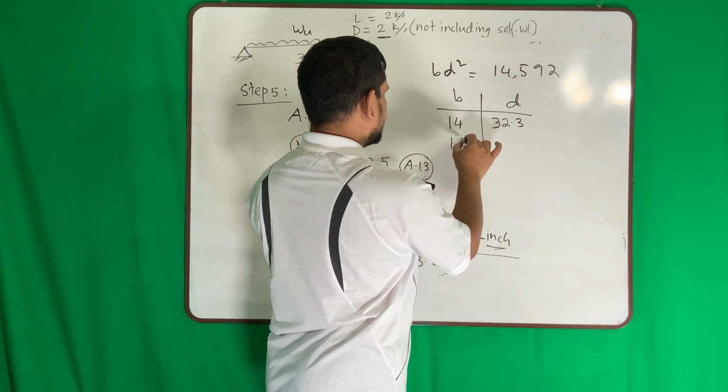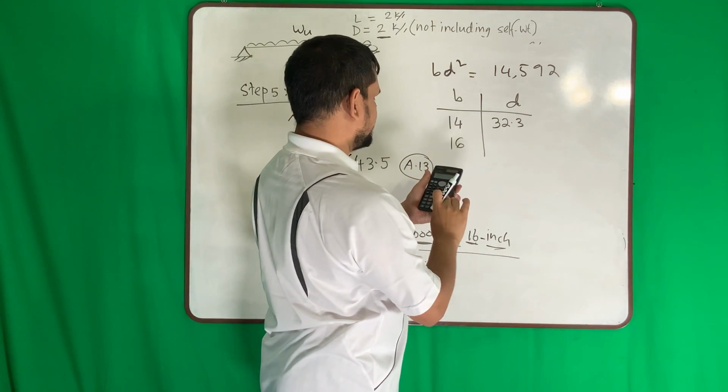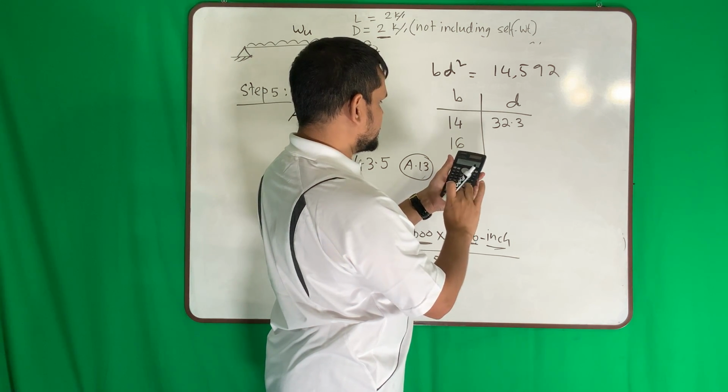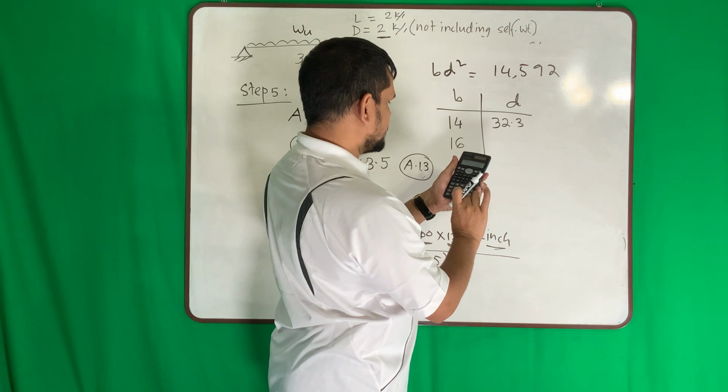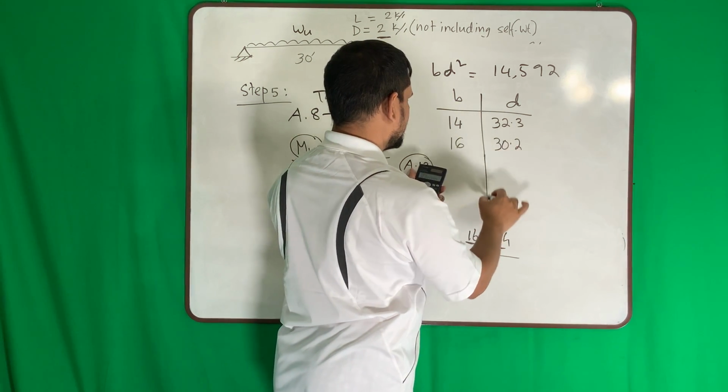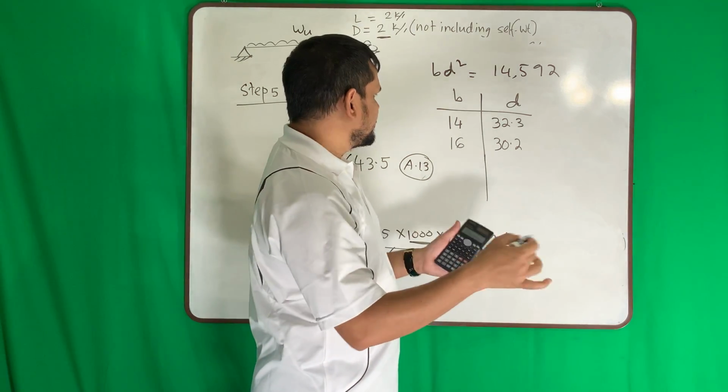If B is 16, 14,592 divided by 16, square root, it is 13.2. So in this way you can find different ratios.